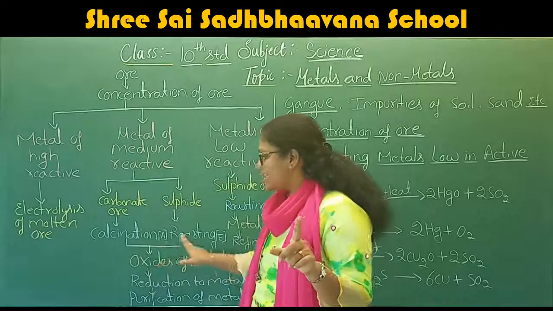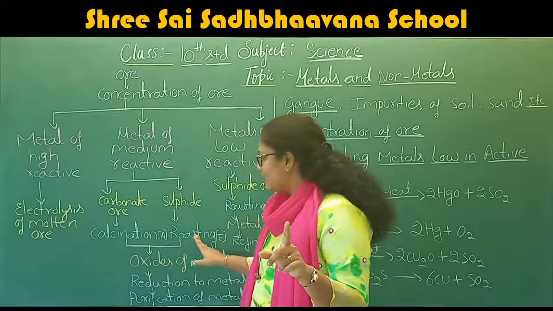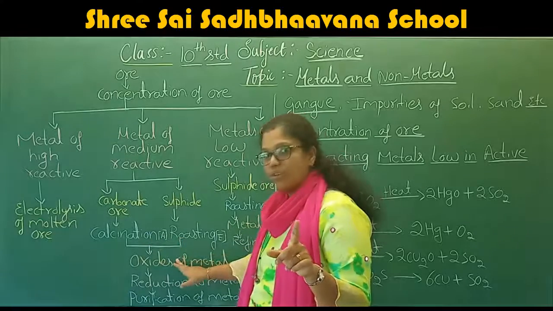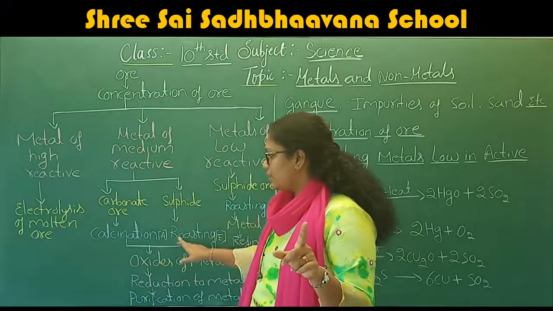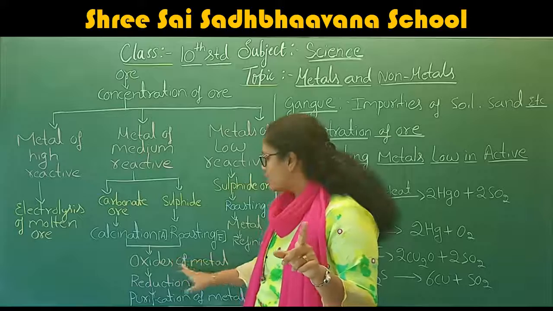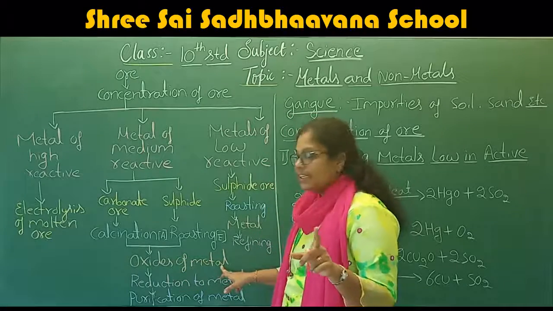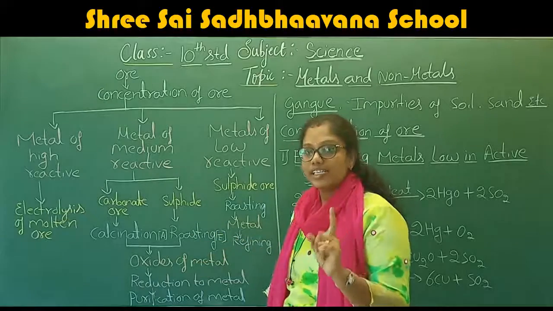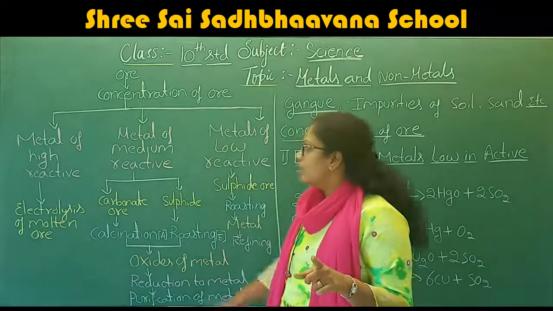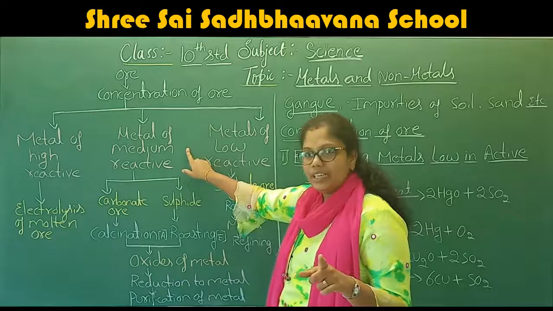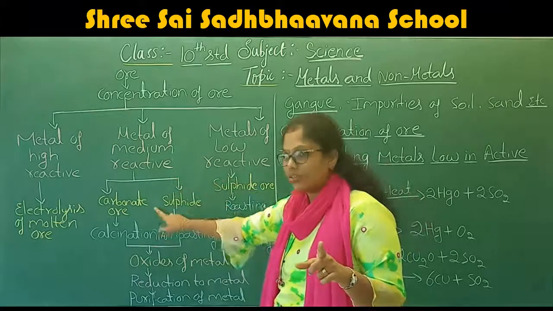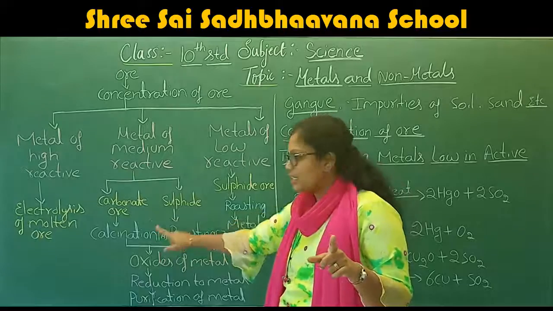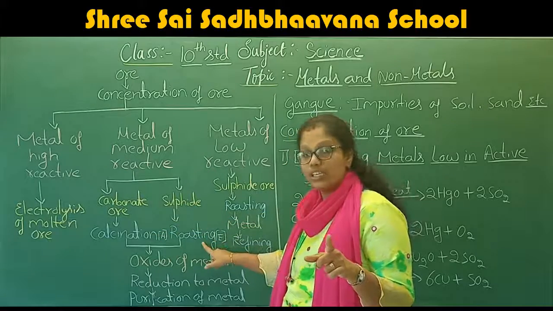After this calcination and roasting, the concentrated ore is now called the oxides of the metal. Here the carbonate ore and the sulfide ore are converted into the oxides of metal. For the metals of the medium reactivity series, the carbonate ore undergoes calcination and the sulfide ore undergoes roasting.